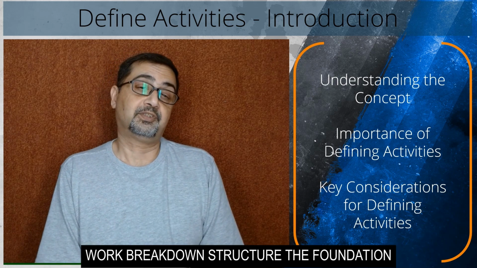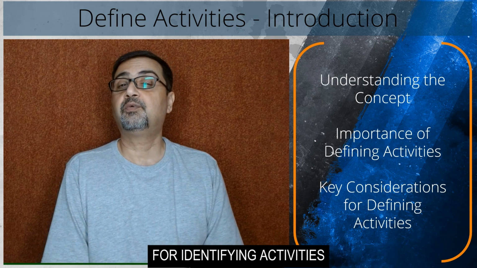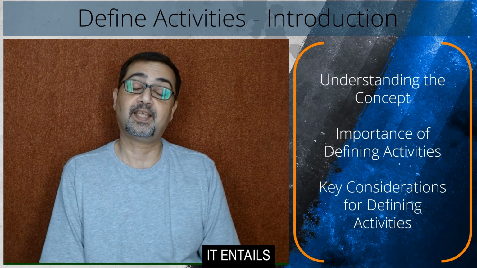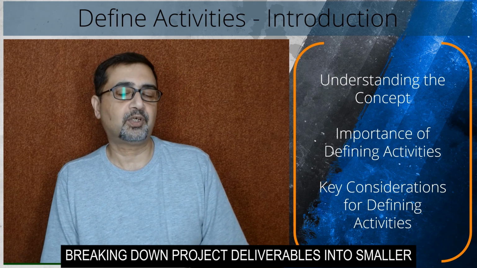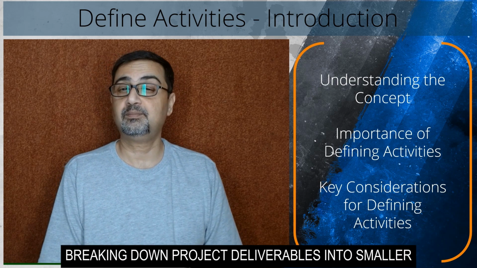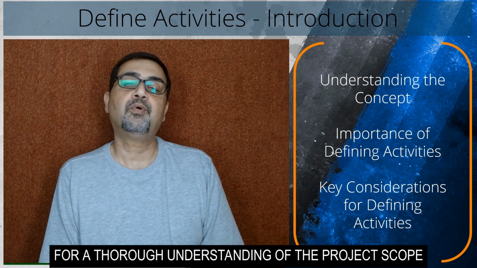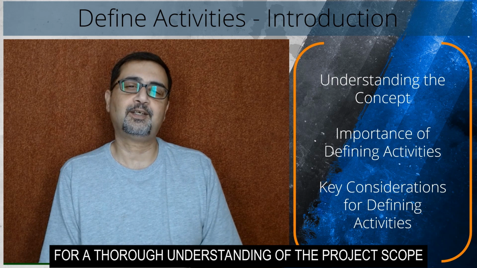Work breakdown structure: the foundation for identifying activities is a work breakdown structure. It entails breaking down project deliverables into smaller, more manageable components, providing for a thorough understanding of the project scope.